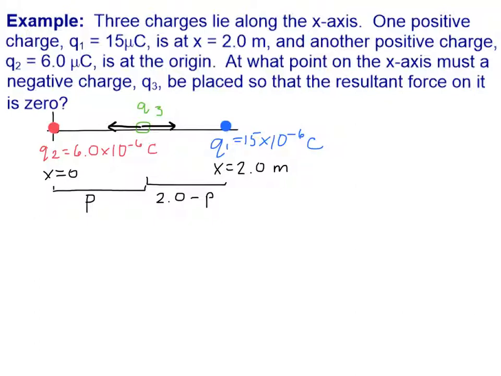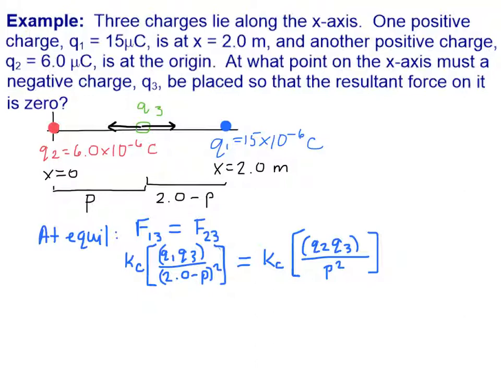Here, if I add a little force diagram, I know that this has a negative charge. Each of these are positively charged. There's an attractive force on charge 3 in this direction and an attractive force in this direction. At equilibrium, these two forces would be equal. I can call this force the force between 1 and 3, and I can call this force the force between 2 and 3. So I will write that down. At equilibrium, those forces will be equal.